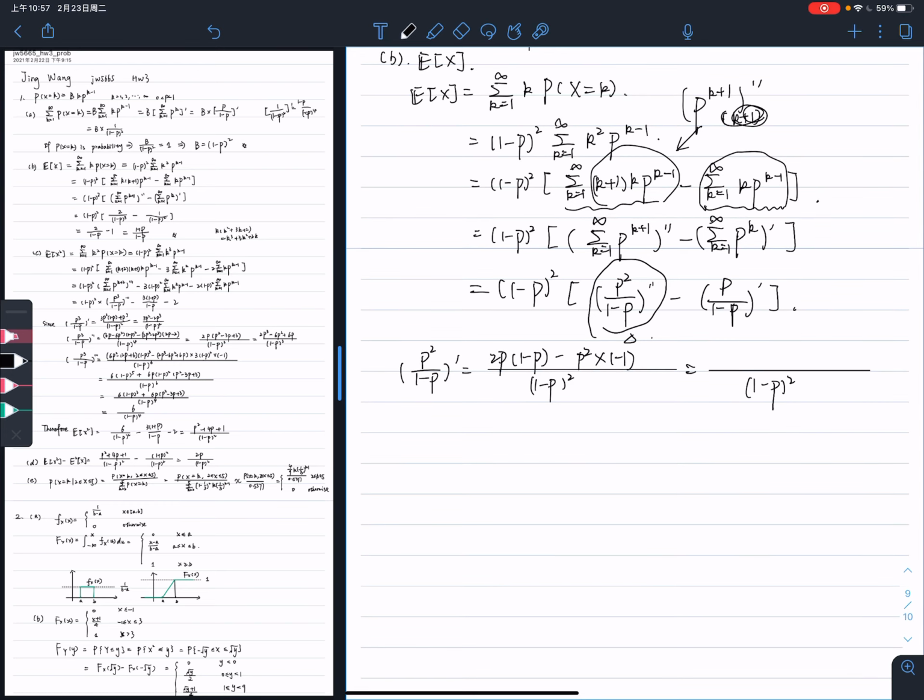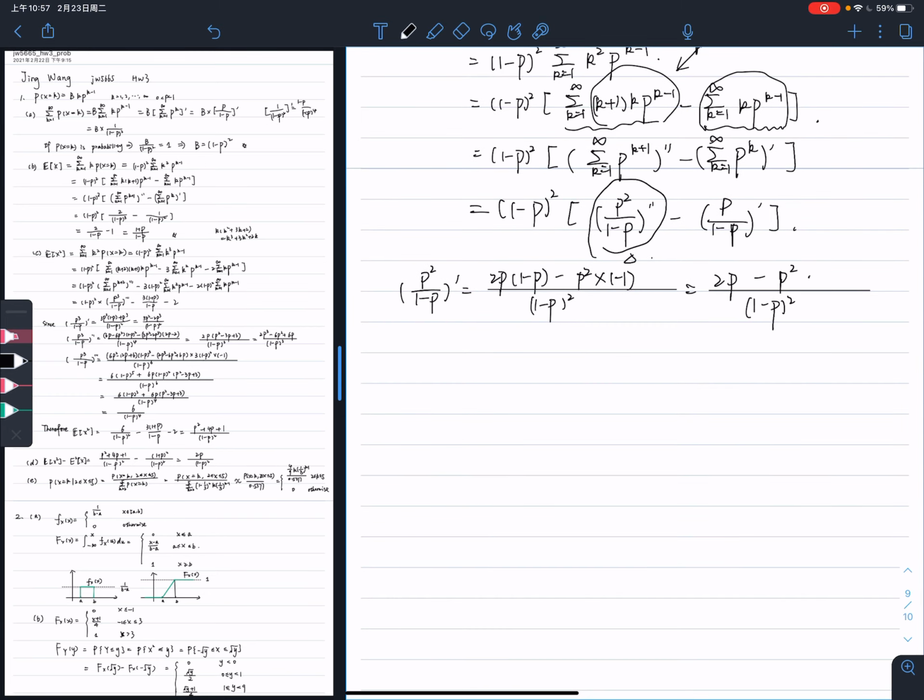So this is 2p minus p squared over (1 minus p) squared. So the second order gradient of this expression is (2 minus 2p) times (1 minus p) squared.